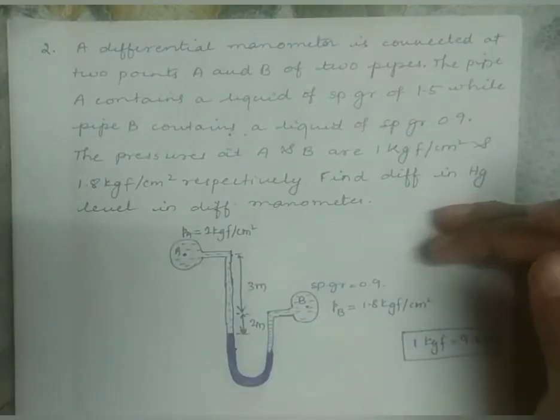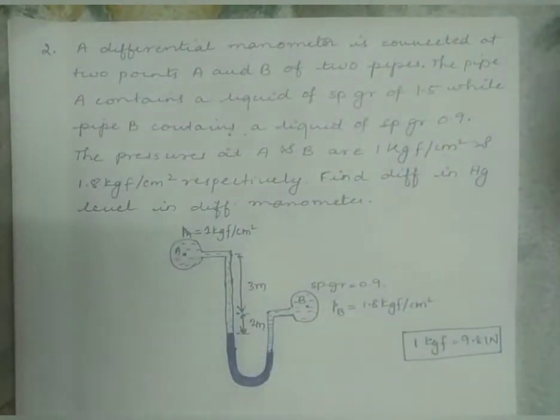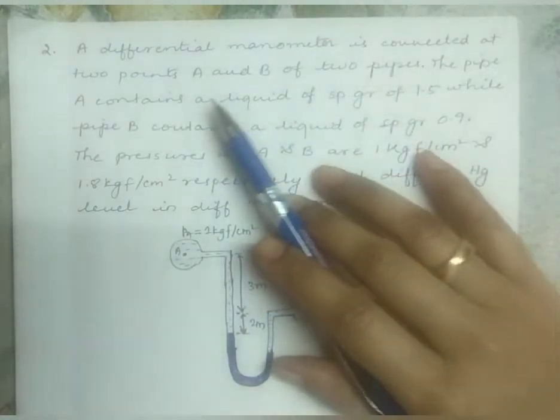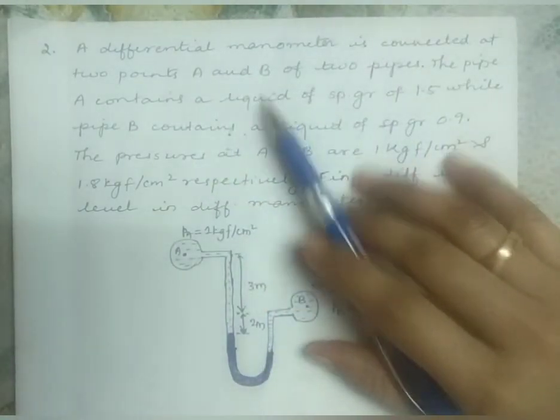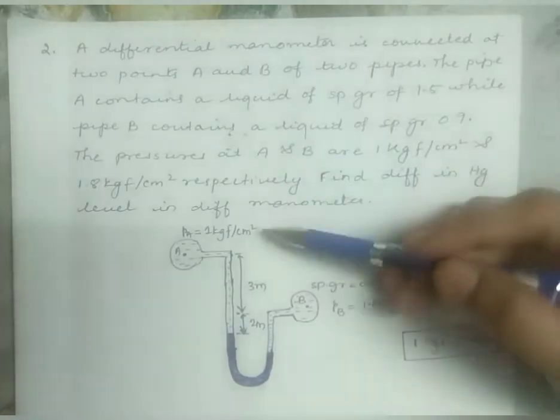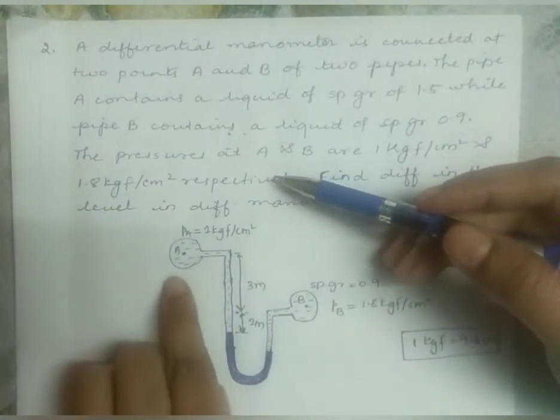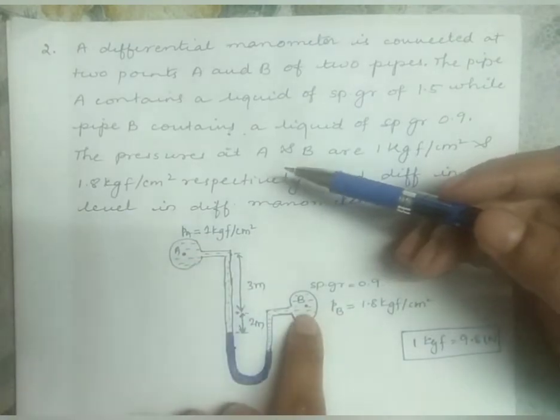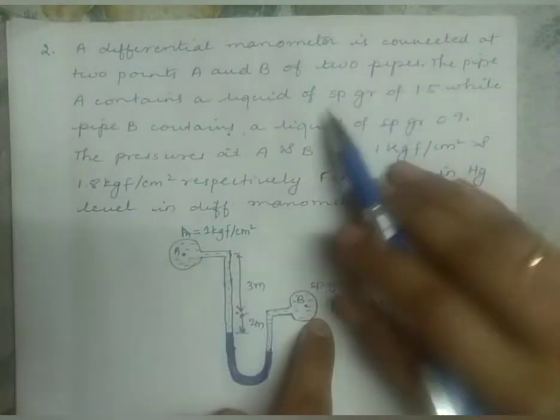The second one is the differential manometer. So we'll see the question. First I will read out the question. A differential manometer is connected to two points A and B. This figure is given along with this question. Here A and B are the center points of two different pipes.